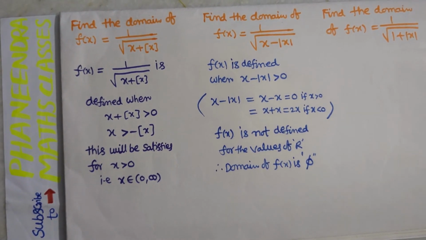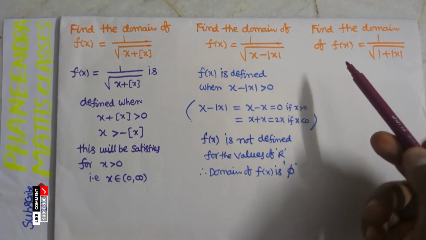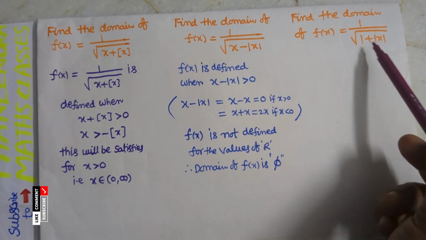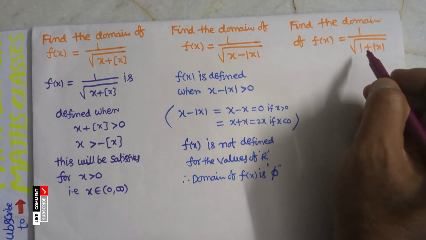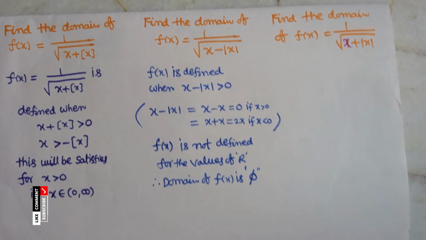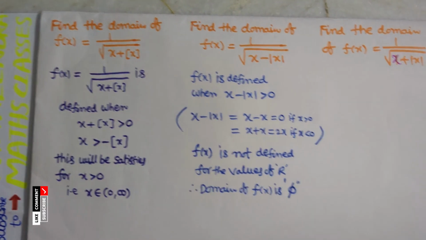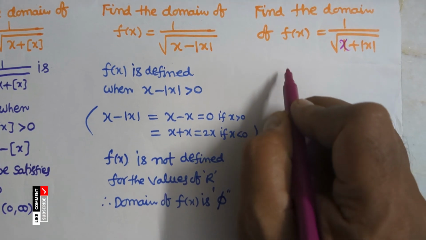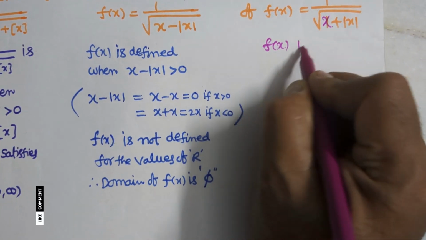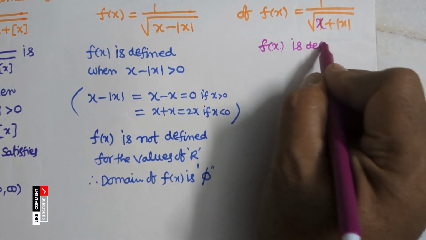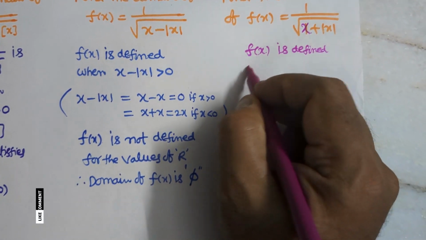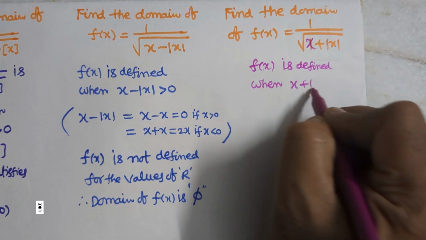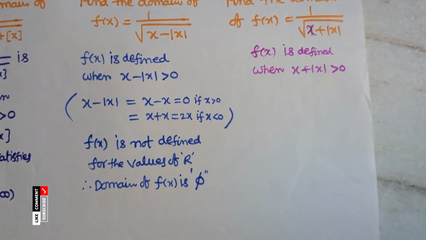Last question here. So the last question, find the domain of f of x equal to 1 by root x plus mod x. So here also f of x is defined when x plus mod x is greater than 0.